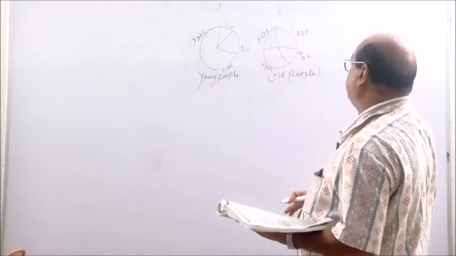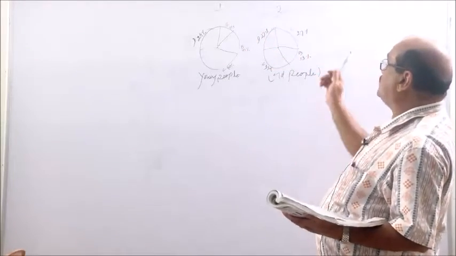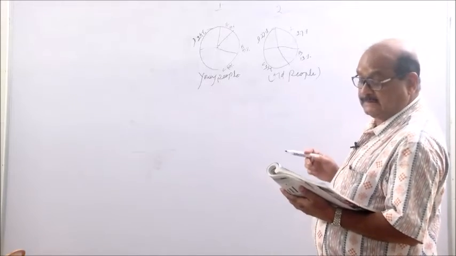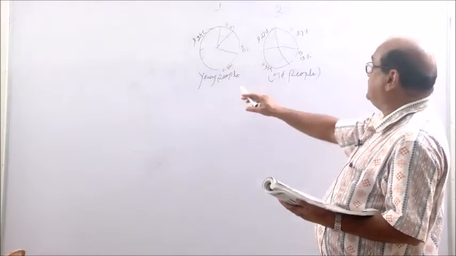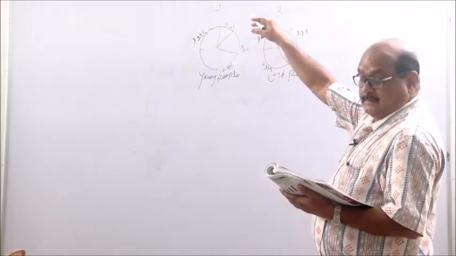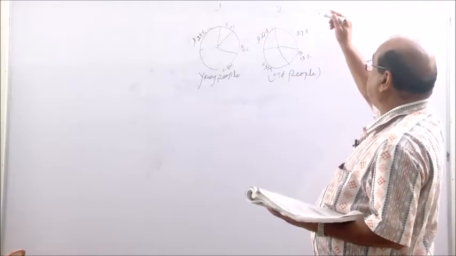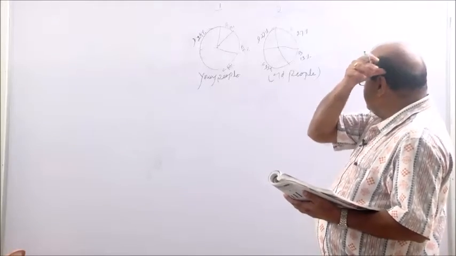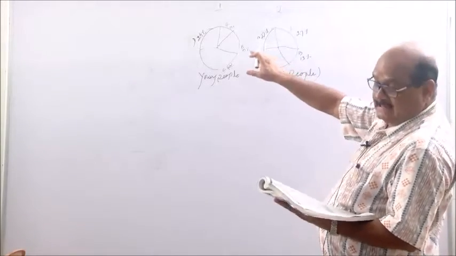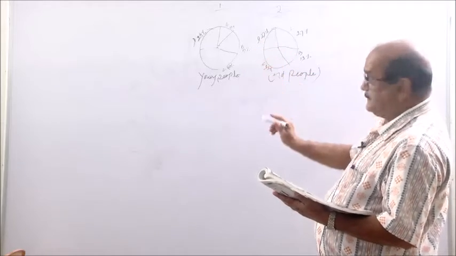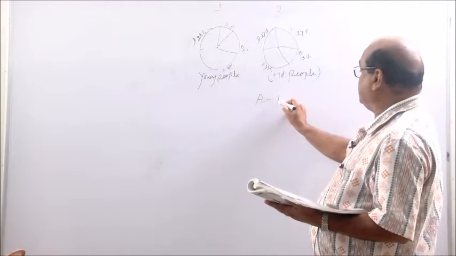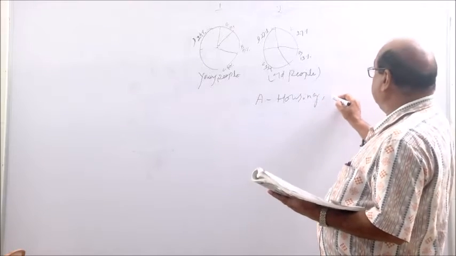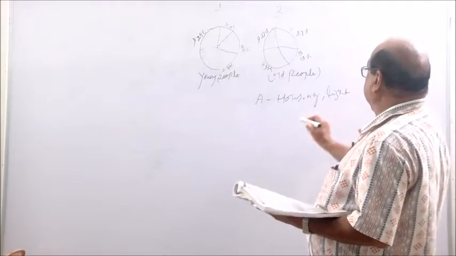Two graphs show in the picture the spending habit of young people, graph 1, and old people, graph 2. The spending is categorized as A, B, C, D. A means housing, fuel, light and power.